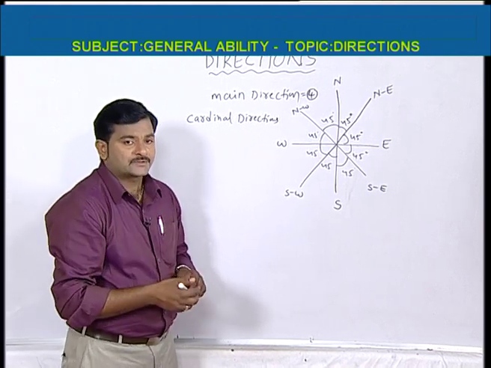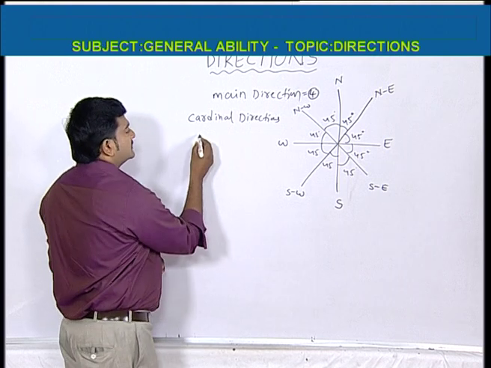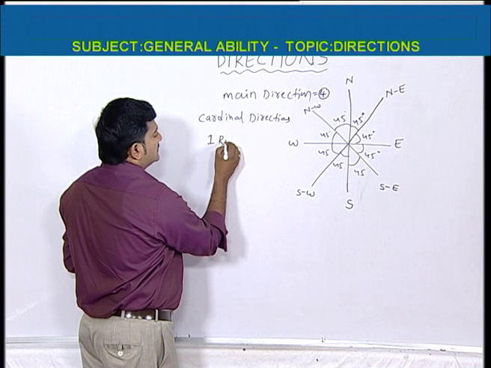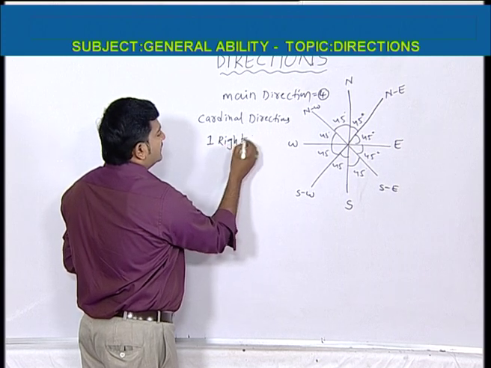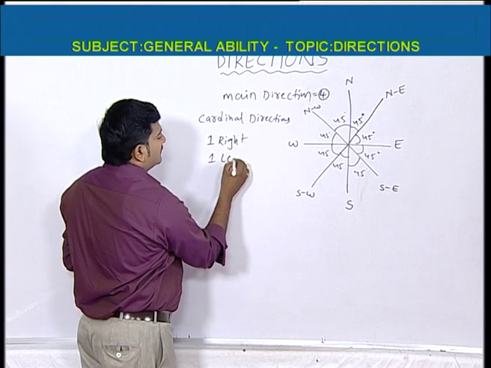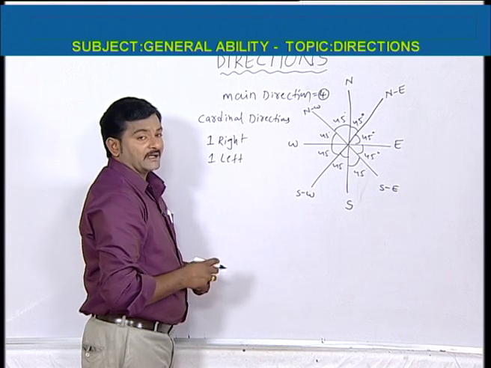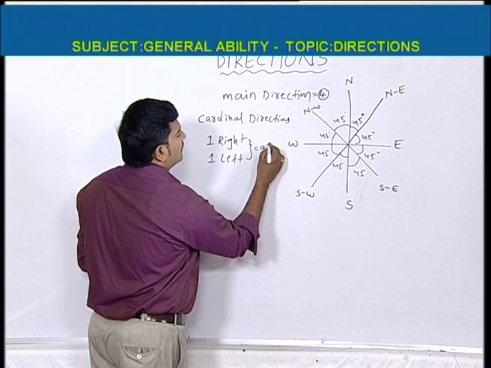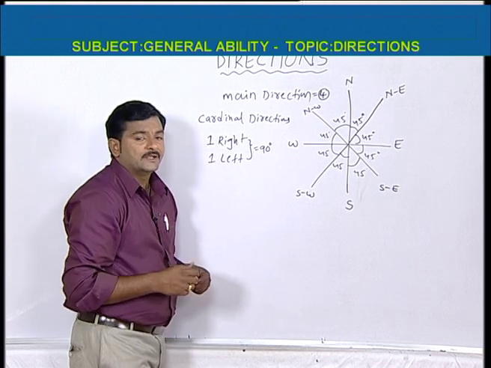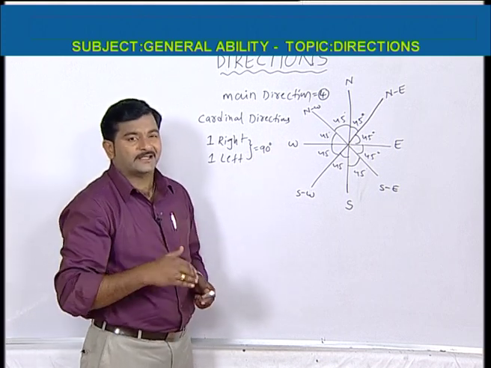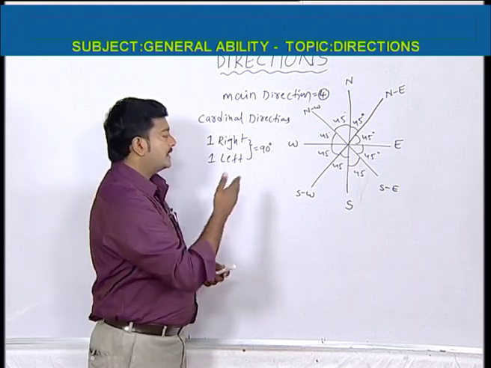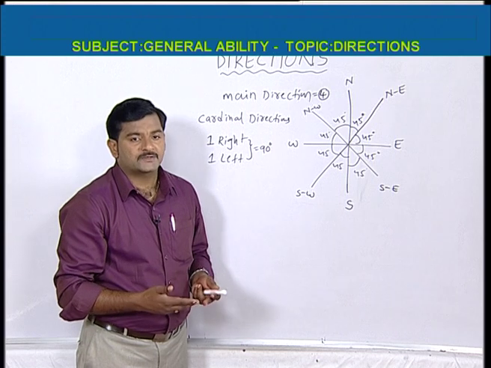Suppose a person turns to the right side or to the left side. One right turn or one left turn is equal to how many degrees? 90 degrees. What does it mean?